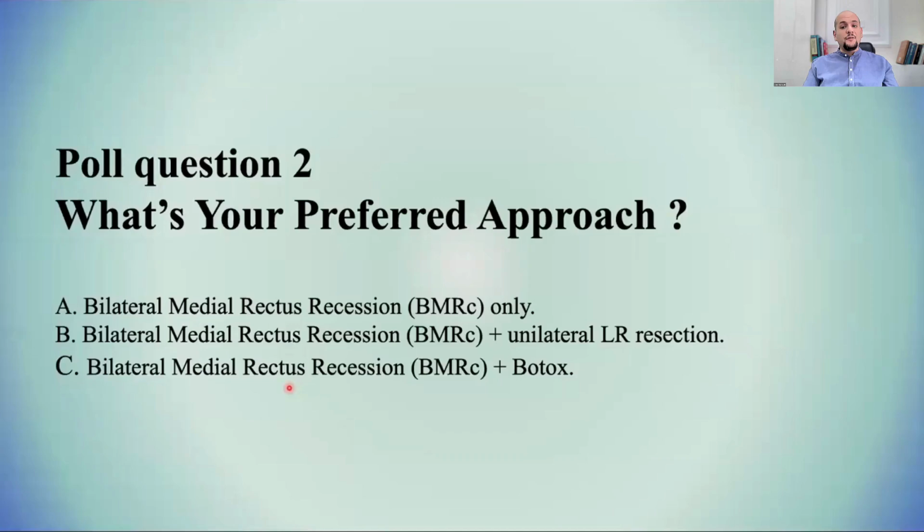So what's your preferred approach for such a case? Would you do bilateral medial rectus recession only, or bilateral medial rectus recession with unilateral lateral rectus resection, or augmented bilateral medial rectus recession, doing recession plus Botox injection in the medial rectus muscles to augment the effect of the recession?